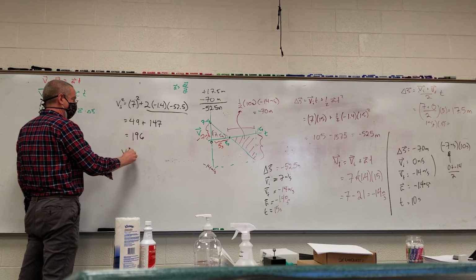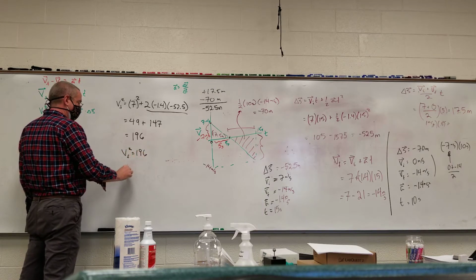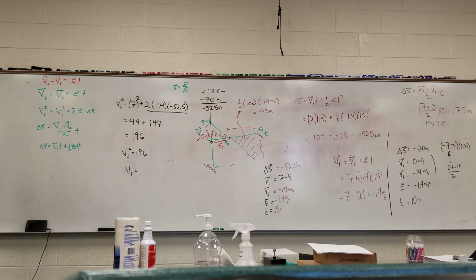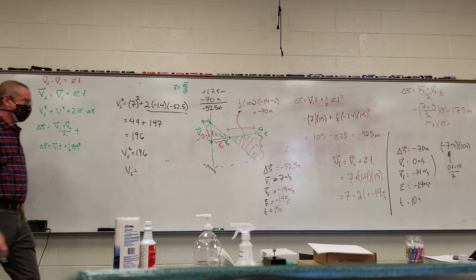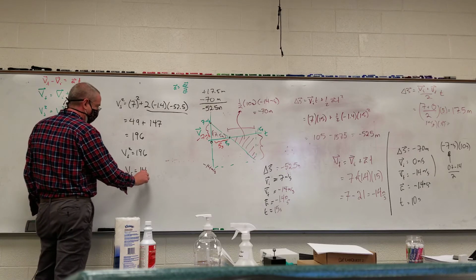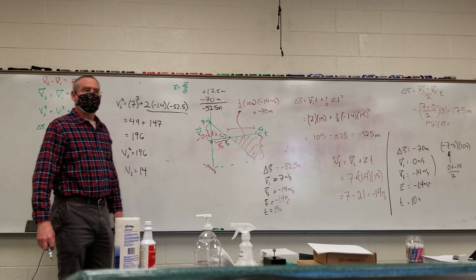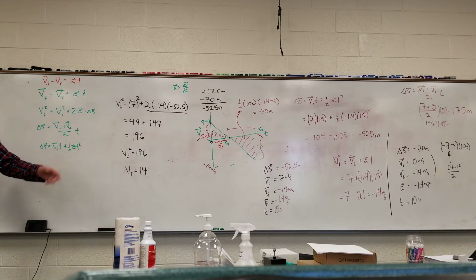So VF squared is equal to 196. So VF equals what? But the answer for my final velocity is negative 14. What happened to the minus sign?